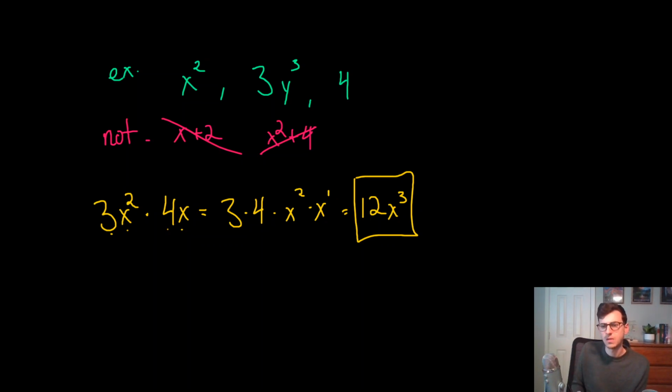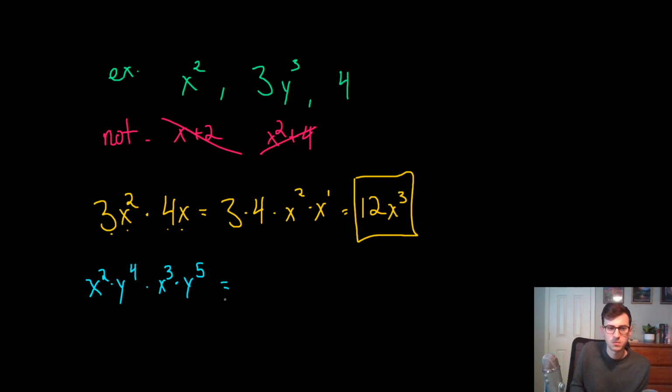What if you had something a little more tricky? What if you had x squared times y to the 4th times x cubed times y to the 5th?